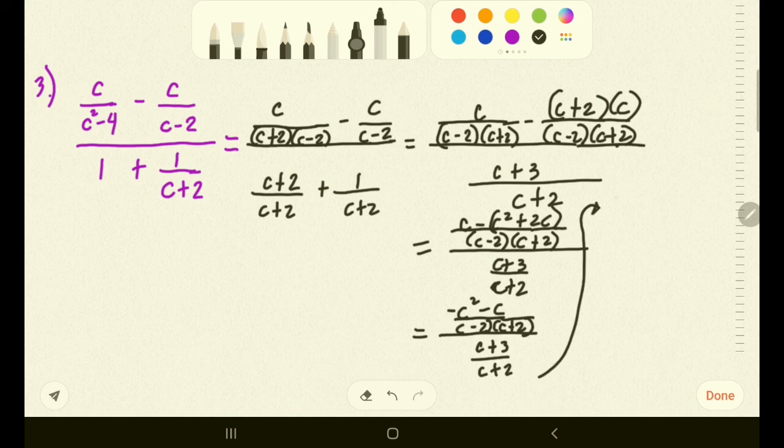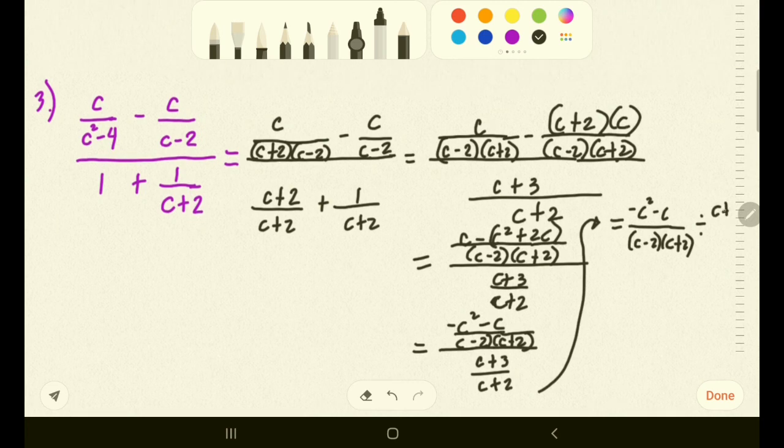Okay, let's continue here. Okay, express that into multiplication, division form. So, negative c squared minus c over c minus 2 c plus 2 divided by c plus 3 over c plus 2.